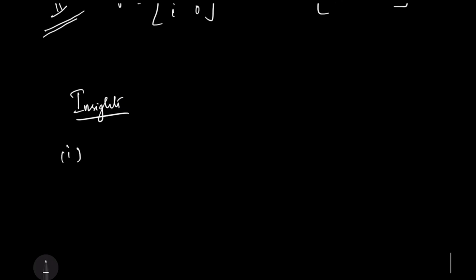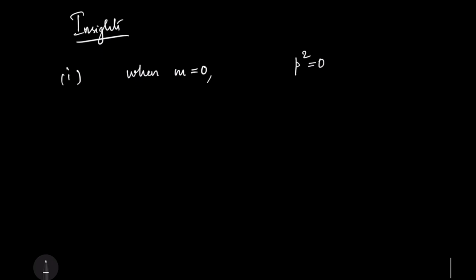So when m is equal to 0, that is the massless Klein-Gordon equation, it will give a dispersion relation p square is equal to 0. Otherwise p square was equal to minus m square, but when m is equal to 0, the massless Klein-Gordon equation will give a dispersion relation p square equal to 0.